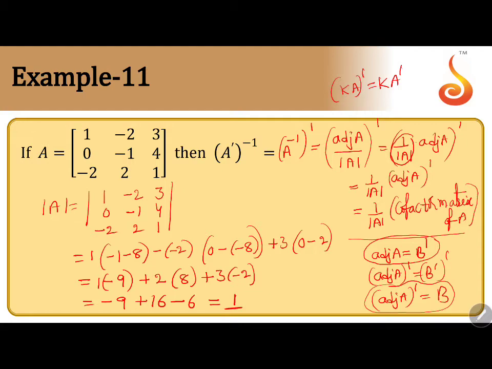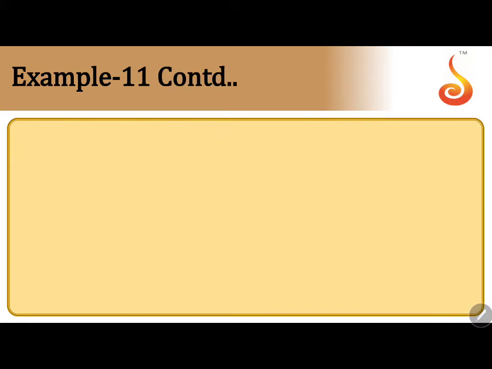Next we need to find the cofactor matrix of A. For that we follow the shortcut way. You start from the middle element: minus 1, 4, 0, minus 1.